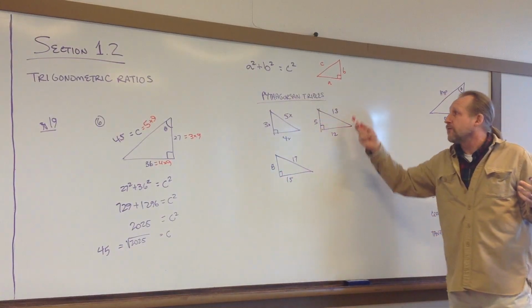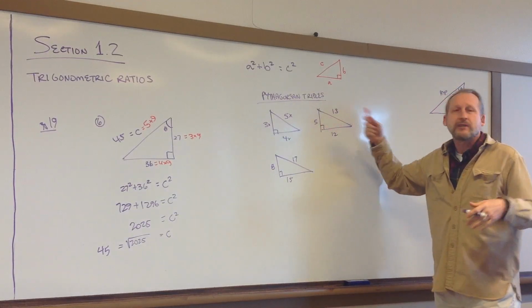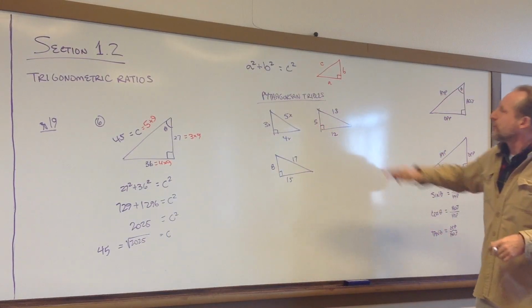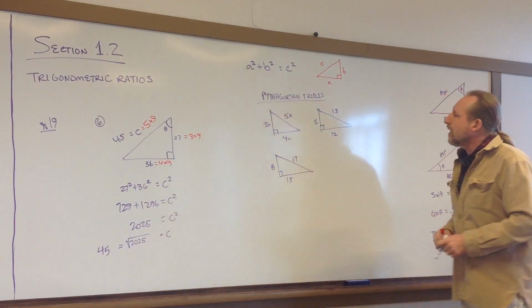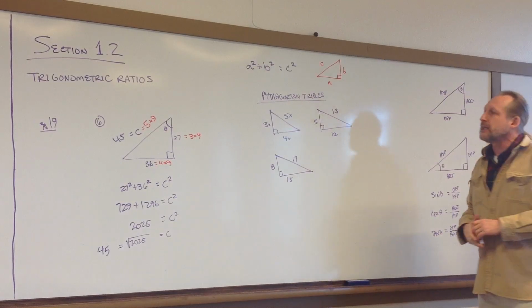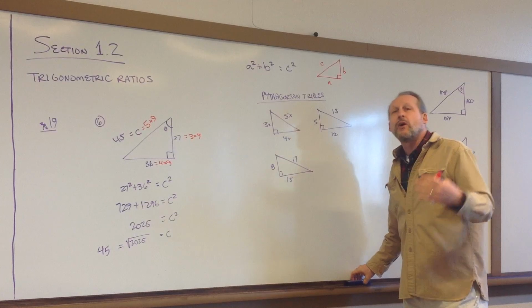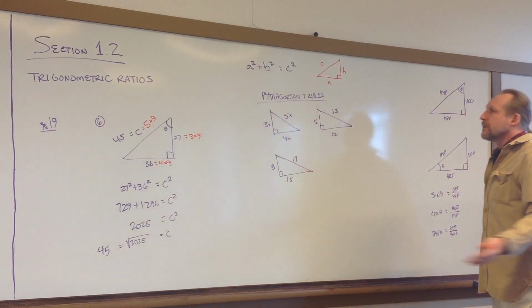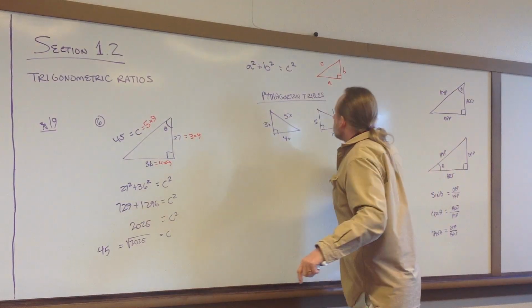So 10, 24, 26 also works, and 15, 36, 39 also works. Any multiple of these numbers. But these are the first 3 Pythagorean triples that I know of, and sometimes they do come in handy to save you a little bit of calculation, but it's not something that we're going to spend a whole lot of time on during the term. So I just want to take a few minutes to talk about it right now.